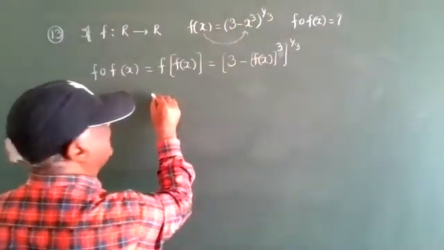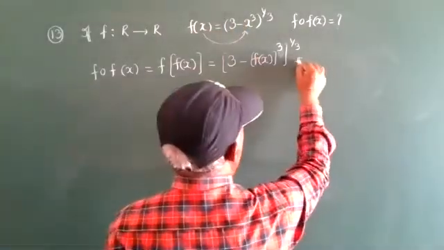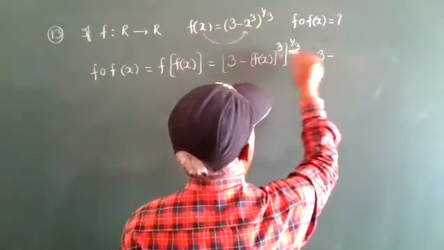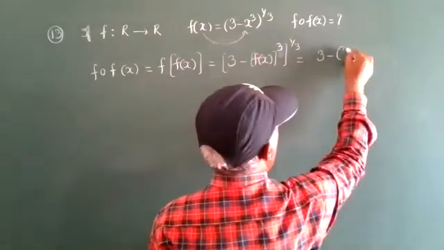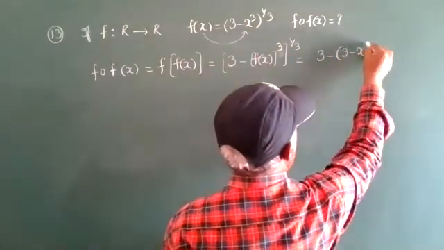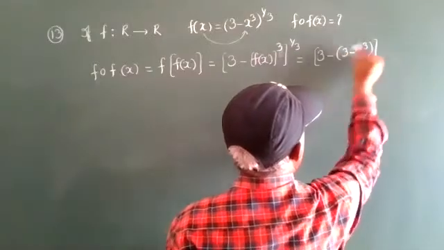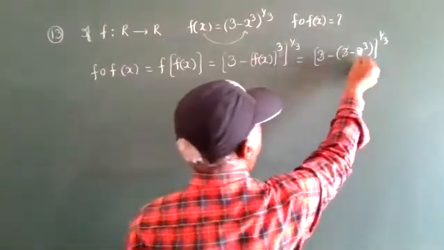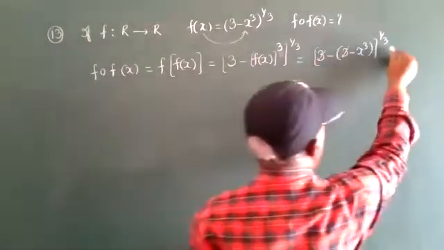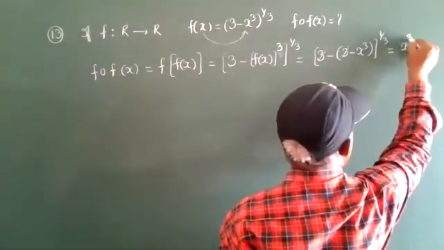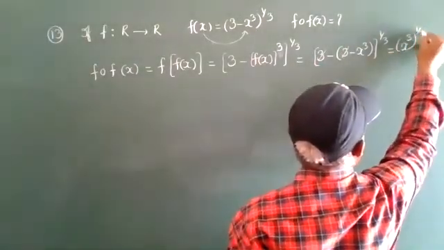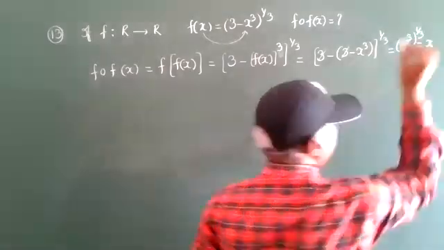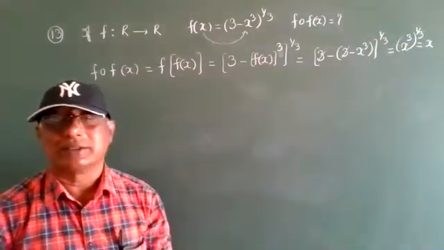So I will write here: 3 minus f of x cube is 3 minus (3 minus x cube) whole power of 1 by 3. The 3 cancels, minus minus is plus, so x cube whole power of 1 by 3. Its value is x.